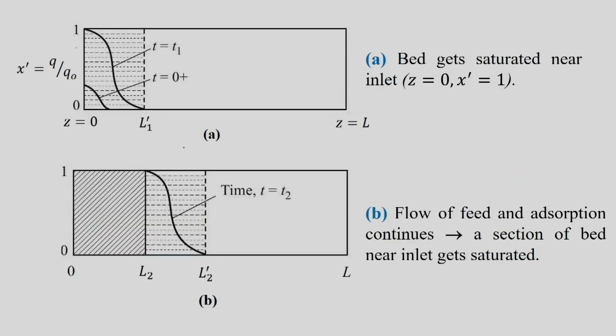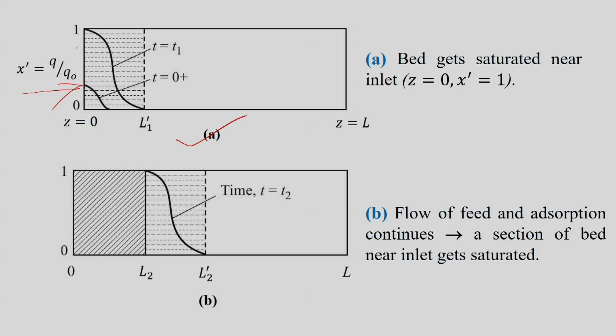So, let us take this first case, where the bed gets saturated near the inlet. Suppose through this position the feed is entering with this solute concentration, say C is equal to C 0.